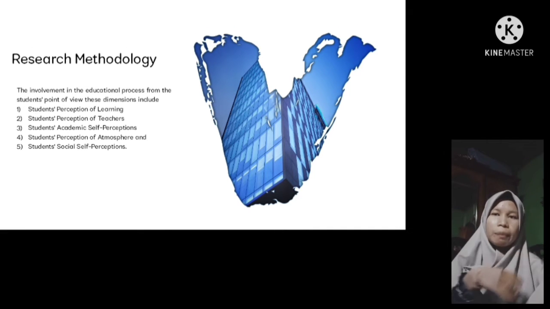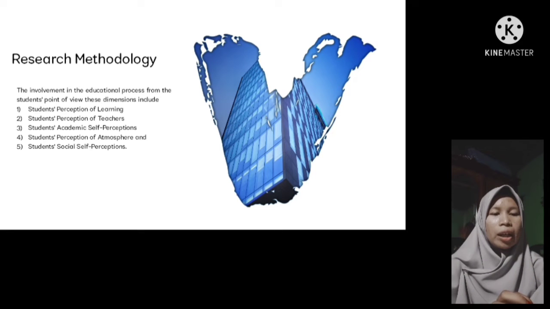Depending on the number of questions in each dimension, the maximum score that can be obtained in each dimension is different. In the first dimension, 12 questions and a maximum score of 48. In the second dimension, 11 questions with a maximum score of 44.